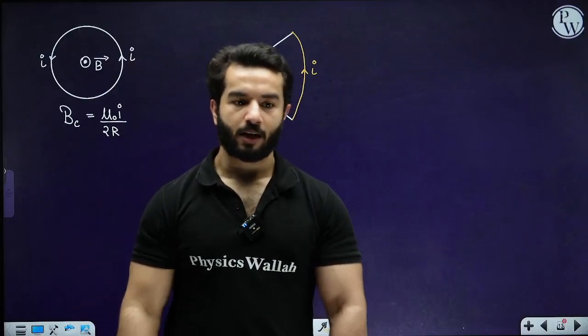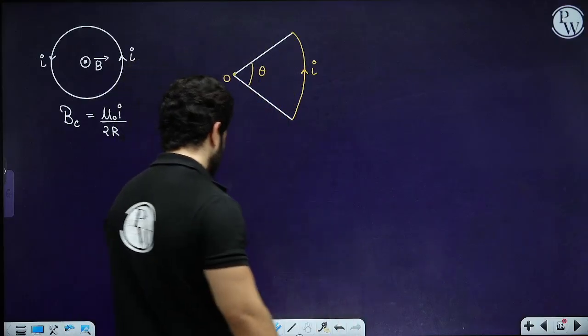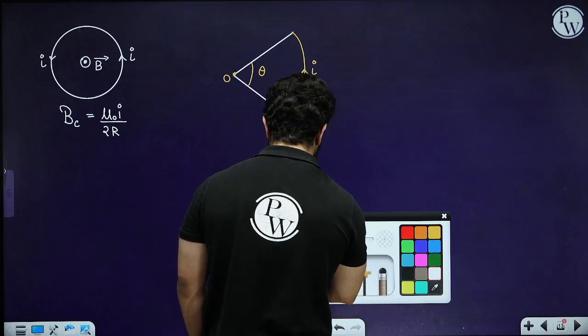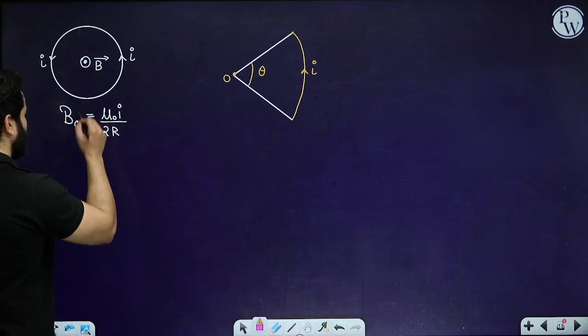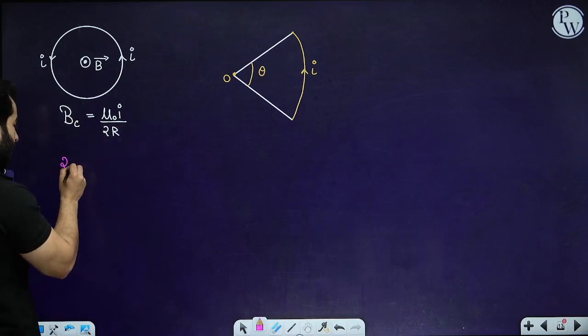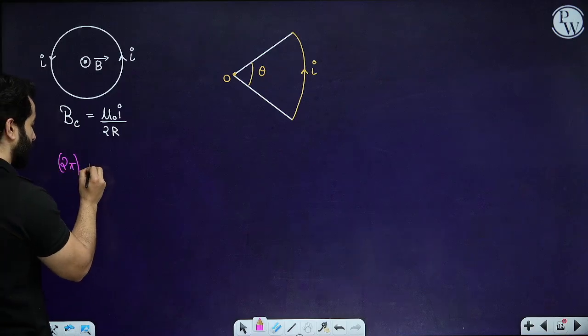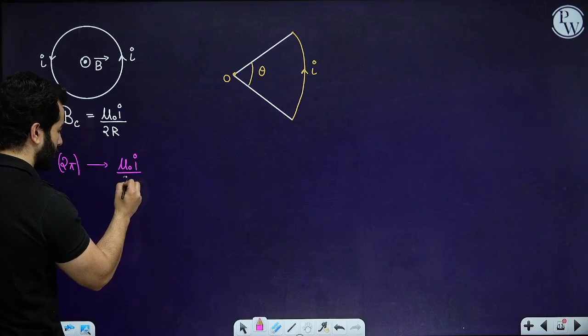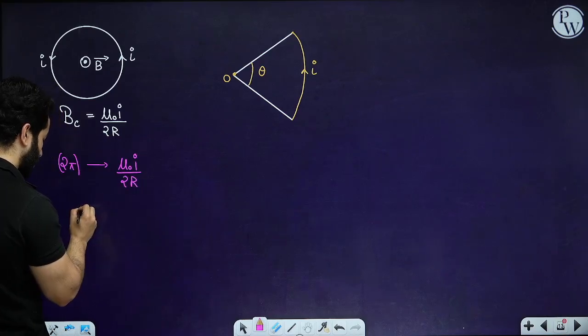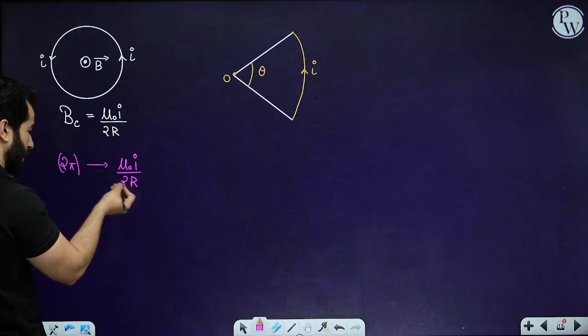So we'll have to write down a formula. I'll give you, without deriving it, I'll just use the unitary method. Very easy peasy kind of a thing. We'll say for 2 pi radians, the magnetic field that we are getting is mu naught I upon 2r. So for 1 radian, we'll have mu naught I upon 2r divided by 2 pi.